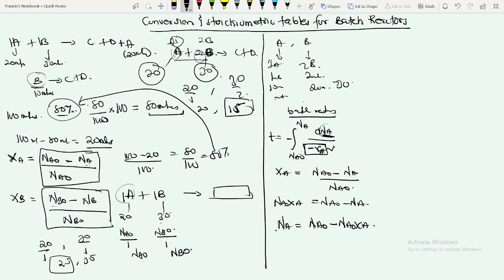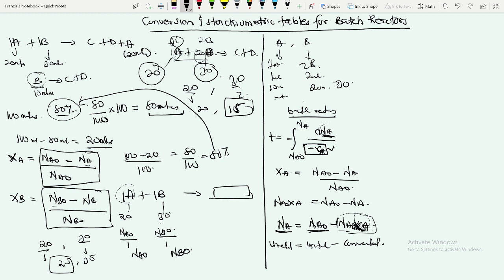So this is the amount or the moles of A that did not react, and that will be equal to the initial moles of A present minus the moles of A that was converted. So moles unreacted is equal to initial minus moles converted, and the moles converted will be the initial times the conversion, right?